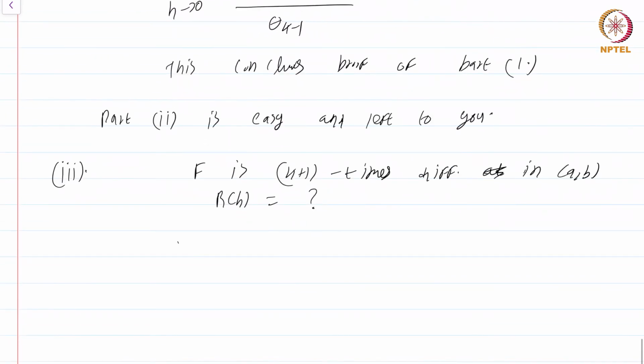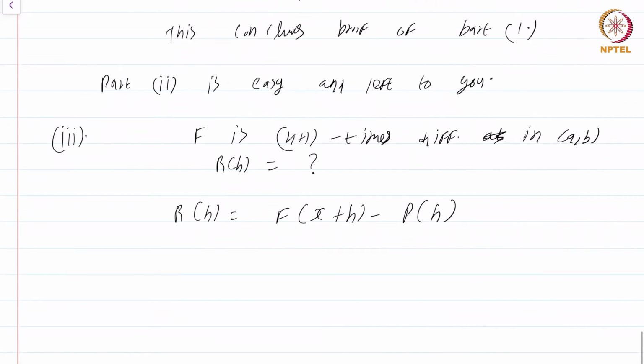Okay, so now we already know that R of h is just f of x plus h minus p of h. Okay, now what I'm going to do is I'm going to treat R as a function of u for a moment, because at the end of the day, even though I write R of h, h is fixed, right? So I'm going to treat it as f of x plus u minus p of u.